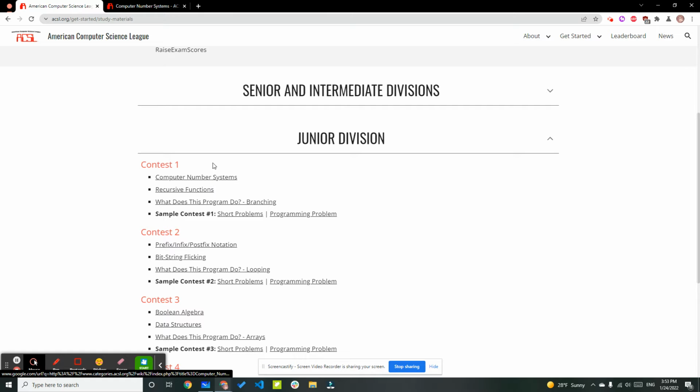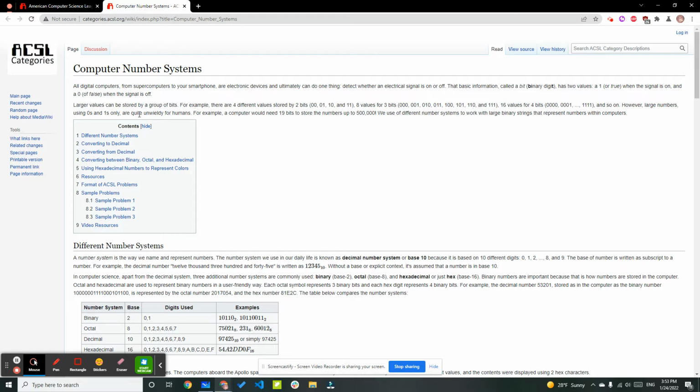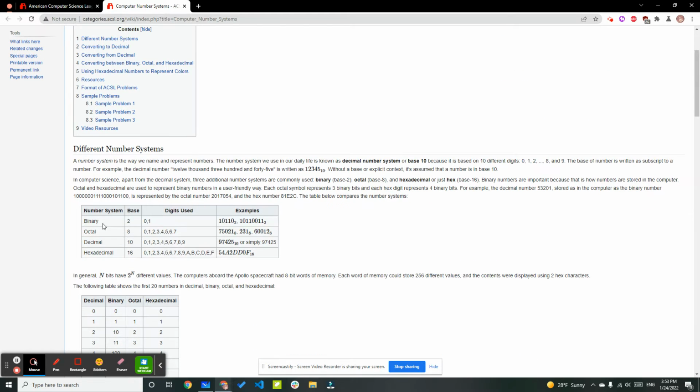Each contest has coding problems, and there are also computer science topics. Today we're going to go over computer number systems, of which there are four that they really go over: binary, octal, decimal, and hexadecimal. They all have different bases.